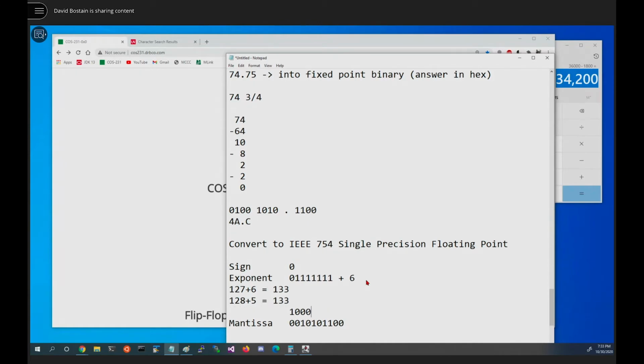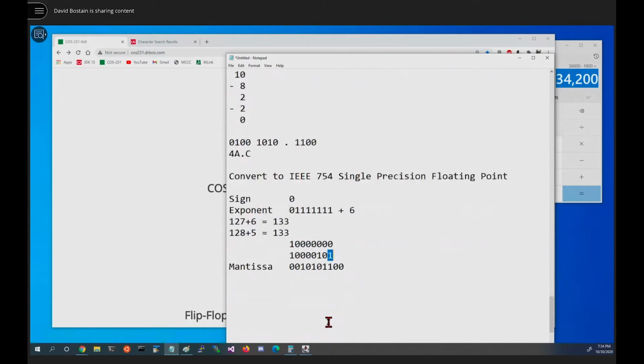So I'm much happier with 128 because it's this, and to add 5 to it is as simple as that. So the number I got right here is the same as 6 plus 127, or 5 plus 128. We can check that. 127 plus 4 is 131, plus 1 is 132, plus 1 is 133. I think we got everything we need.